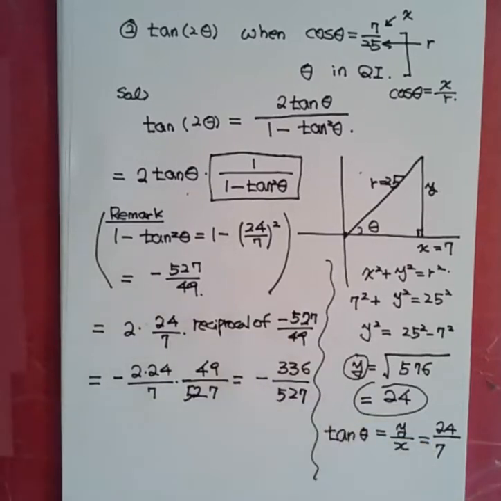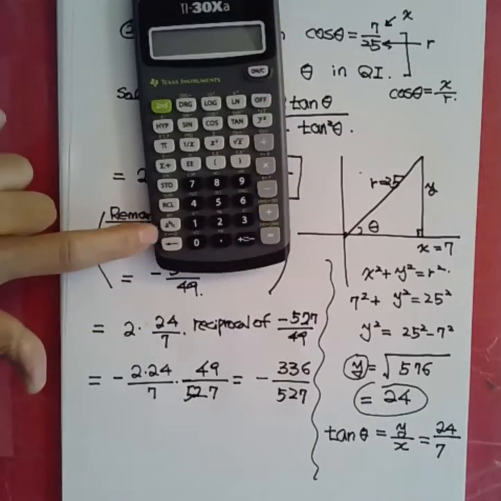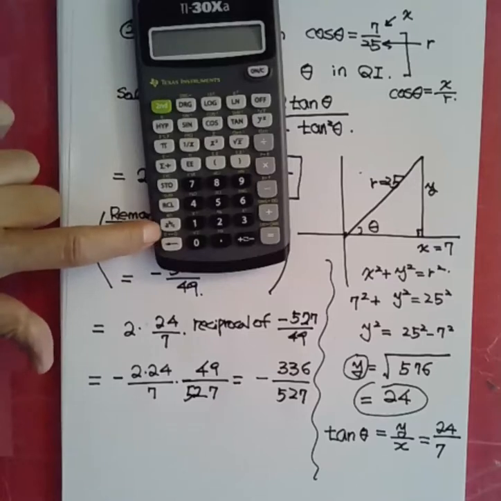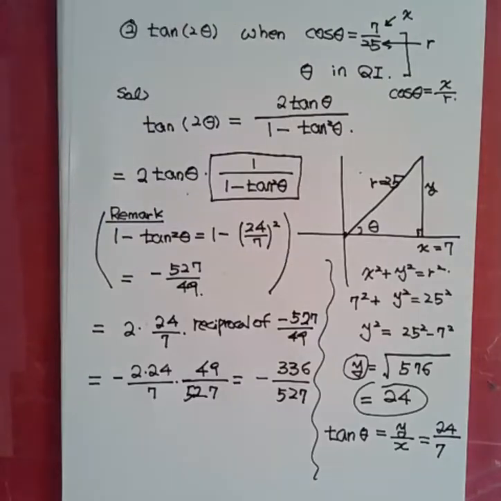You will use your calculator to think about whether that is the simplest form. You will check with this arrow button. This means fraction to decimal, decimal to fraction.